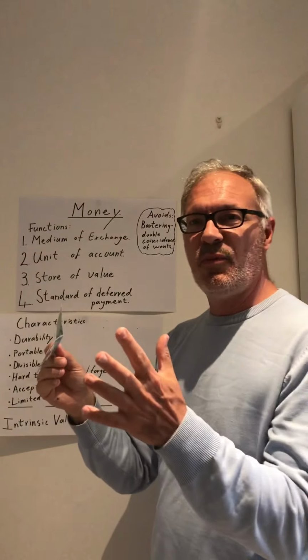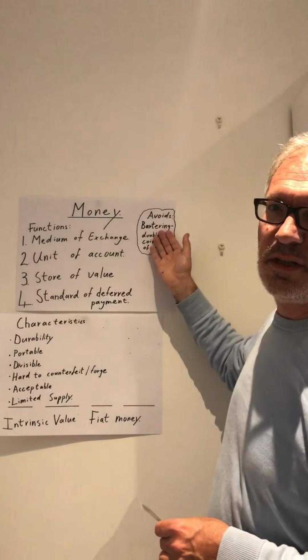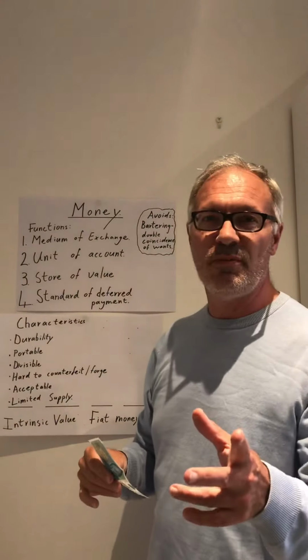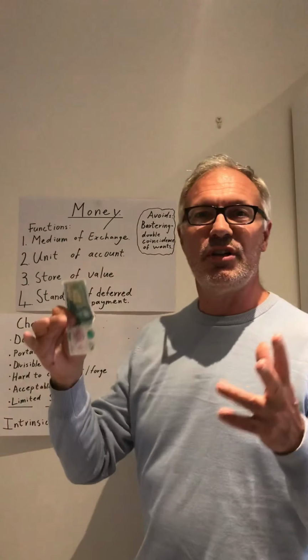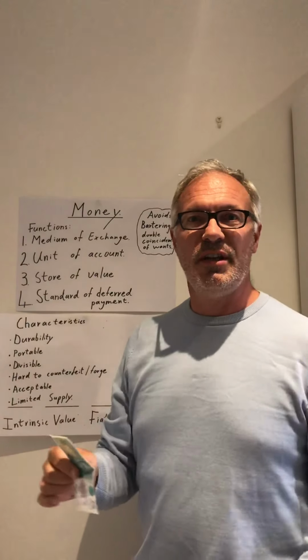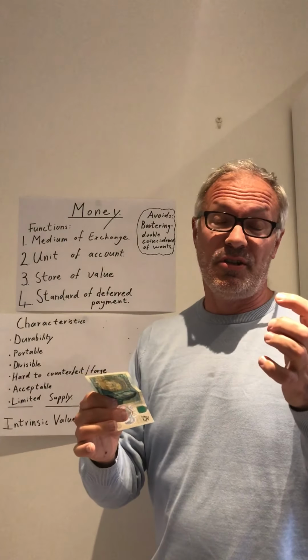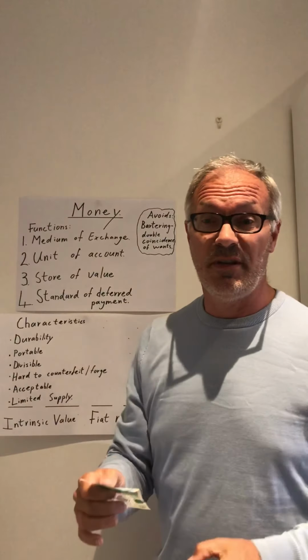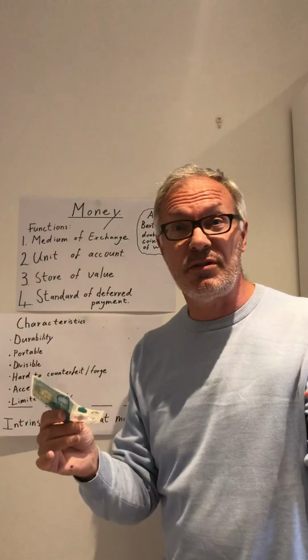Because the problem, if you don't have money, is you have to do bartering. And bartering is a huge problem, because you have to have a double coincidence of wants, and that's highly unlikely to happen, especially in terms of equivalent of the same value. The ice cream vendor might not want any economics tuition.